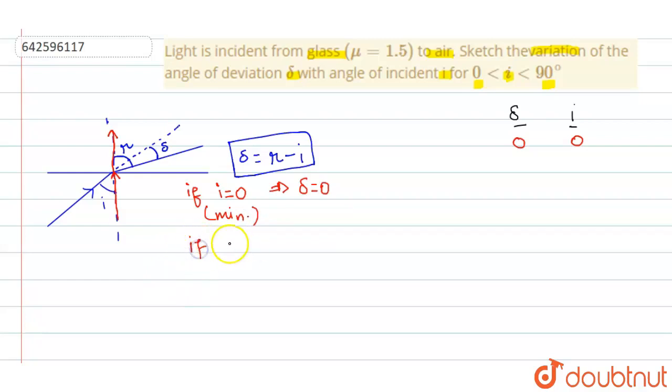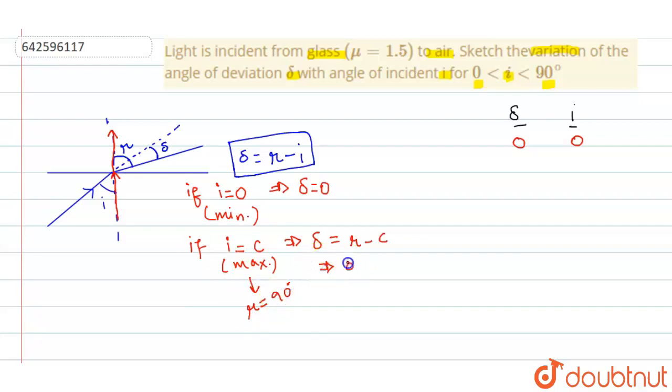Angle of incidence is maximum when I is equal to C, where C is the critical angle. So this is the case of maximum angle of incidence. So when the angle of incidence is the critical angle, then delta is equal to R minus C. But when the angle of incidence is equal to the critical angle, then the angle of refraction R is equal to 90 degree.